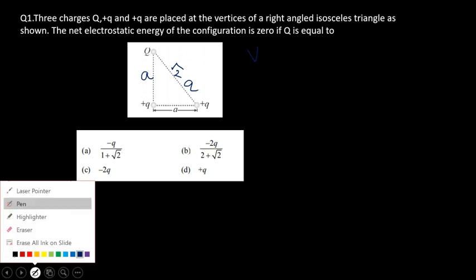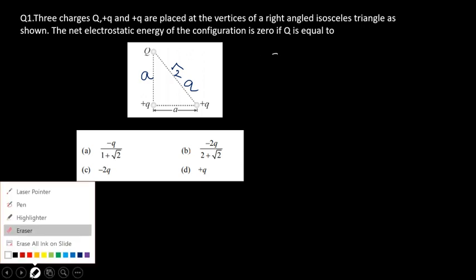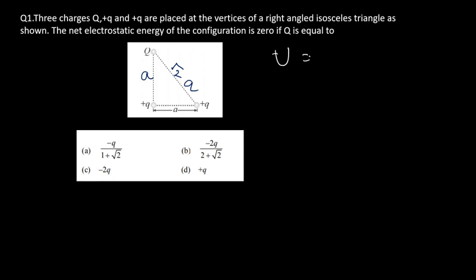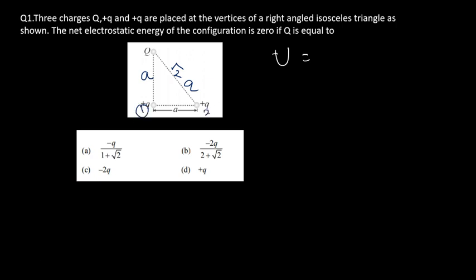Potential energy equals, suppose it is charge 1, charge 2, and charge 3. So it is equal to the potential energy stored due to charges 1 and 2, plus charges 2 and 3, plus charges 1 and 3.